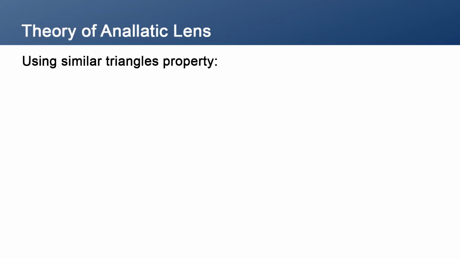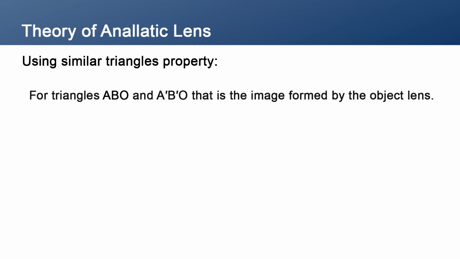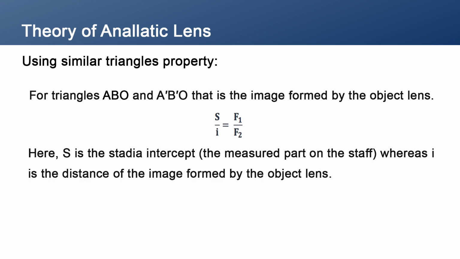Using the similar triangles property for the triangles ABO and A dash B dash O, that is the image formed by the object lens, we have S by I is equal to capital F1 by capital F2. Here, S is the stadia intercept, that is the measured part on the staff, and I is the size of the image formed by the object lens.